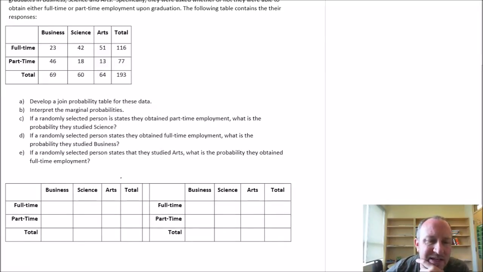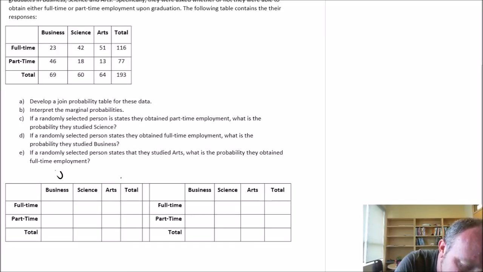The reason is that I want to focus a little bit on the notation that is used. For the most part, this is the first time that a lot of students are exposed to the notation used in probability analysis, and that can be somewhat tedious to deal with. So I've got two tables. This one will be our joint probability table.